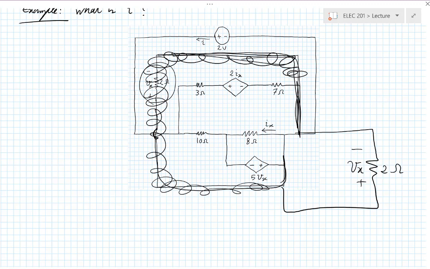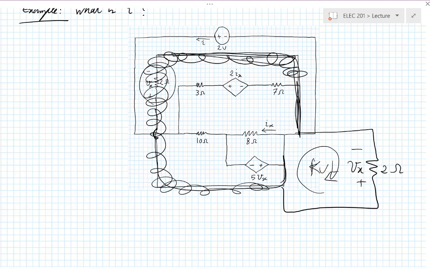So now you start writing your KVLs and KCLs, and here is one of your KVLs. What does this KVL tell you? You have a loop that starts from here and goes there. KVL, so the sum of the voltages in that circuit, in this case minus Vx going in that direction, according to my convention, is 0.